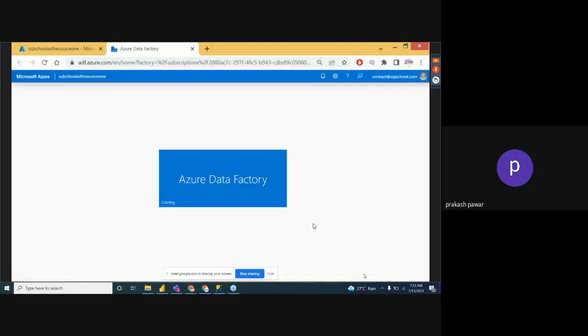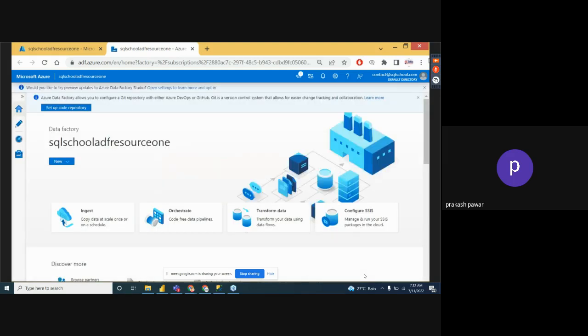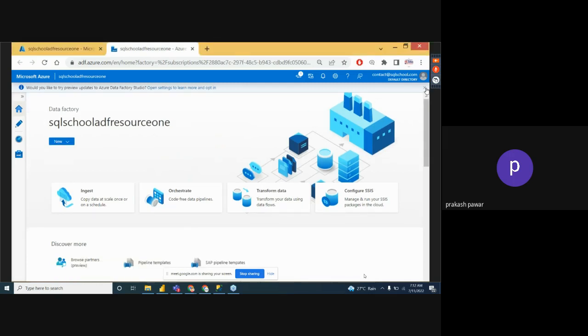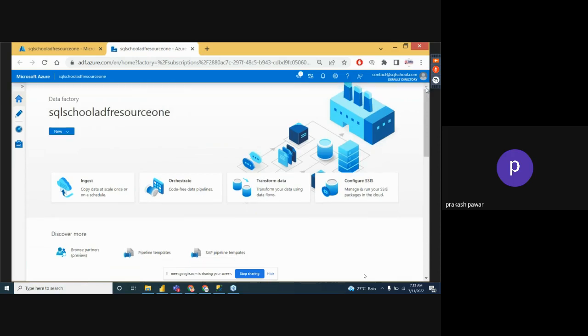Next. Here is the first look of the ADF Studio. What's our requirement? To pull data from SQL database, push it to SQL pool. Basic requirement.